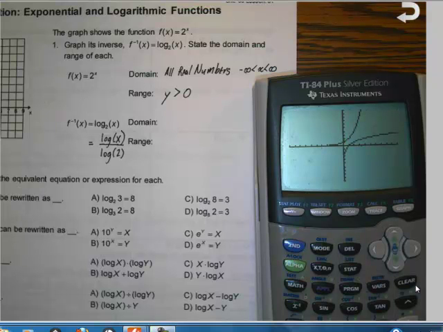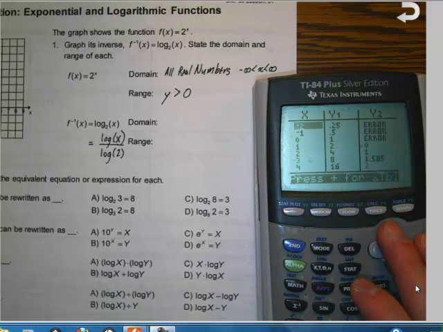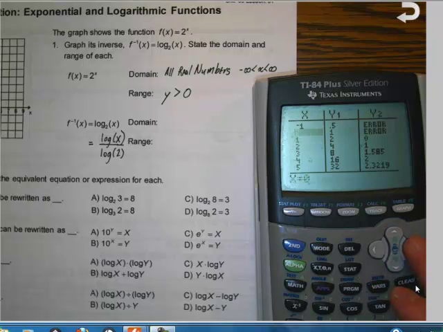Now you'll notice this is kind of symmetric, isn't it? This is kind of a flip of this, right? Now, this one had a horizontal asymptote. This one's going to have a, what's the opposite of horizontal? Vertical asymptote. So, if you look at your table, notice how your log function gets an error at 0, right?